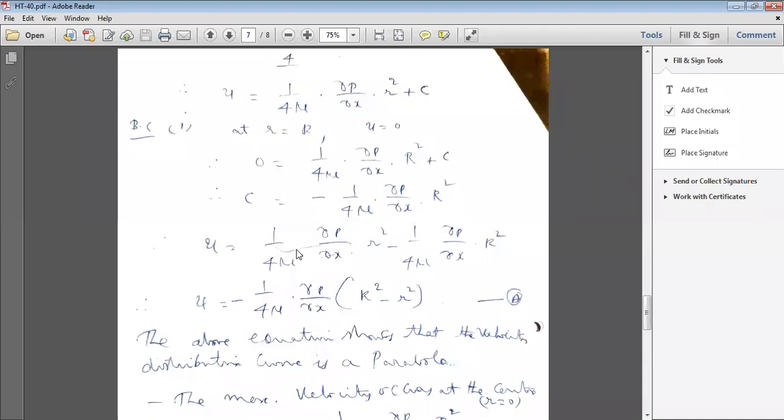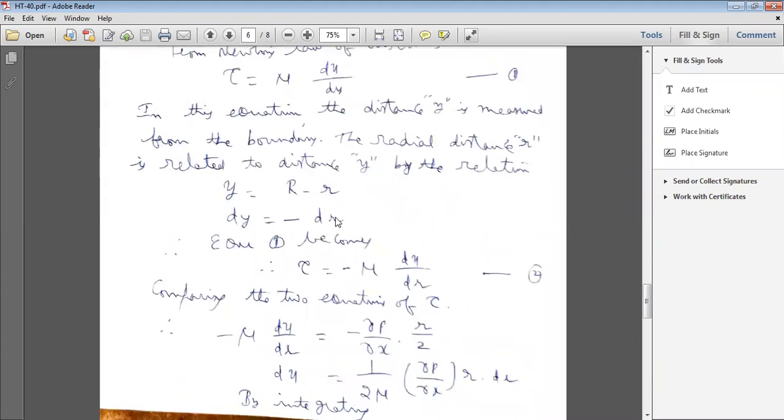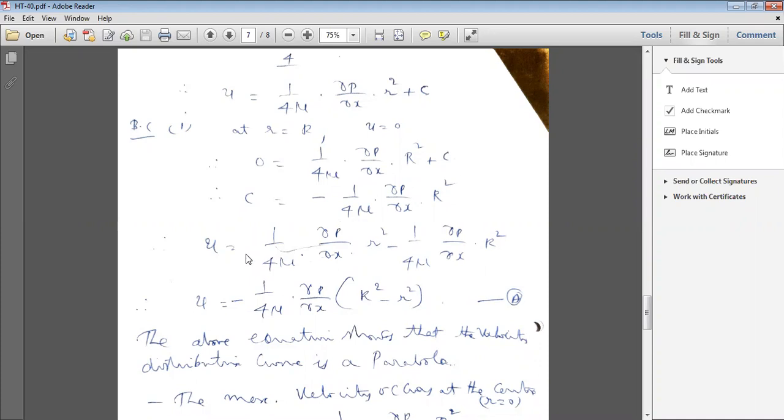So now what is the equation for velocity distribution? Therefore, U is equal to, substituting the value of C here, 1 by 4 mu into dou P by dou X into small r square plus C, and what is the C value? Minus 1 by 4 mu into dou P by dou X into capital R square.